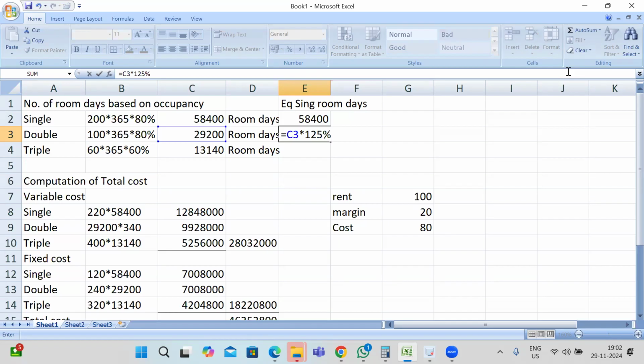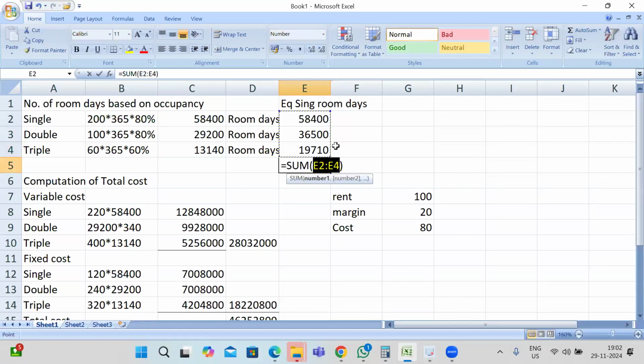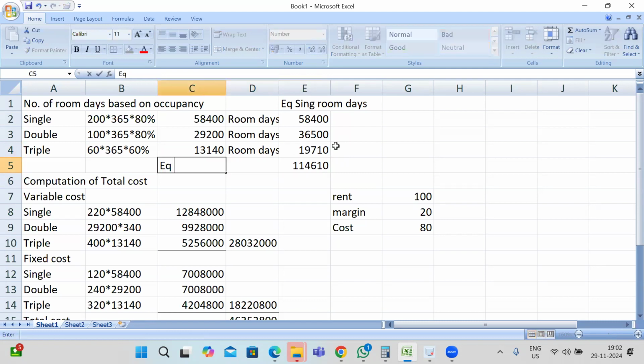This will be equal to single room days, that is 125 percent of single room rent is equal to one double room rent, right? So I'm multiplying double room days by 125 percent. And for triple rooms, it is 150 percent, so into 1.5. So totally I will be having 1,14,610 equivalent single room days.